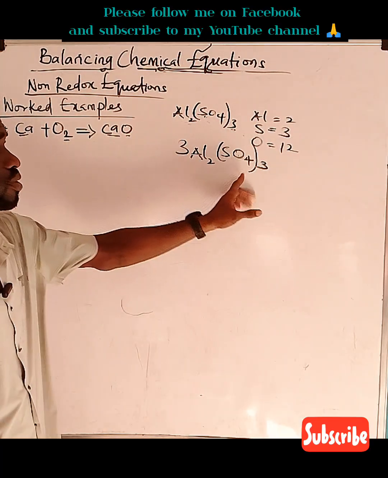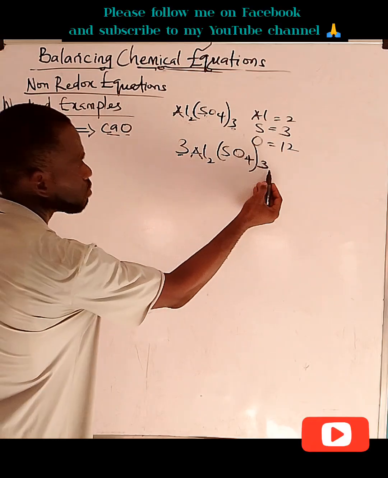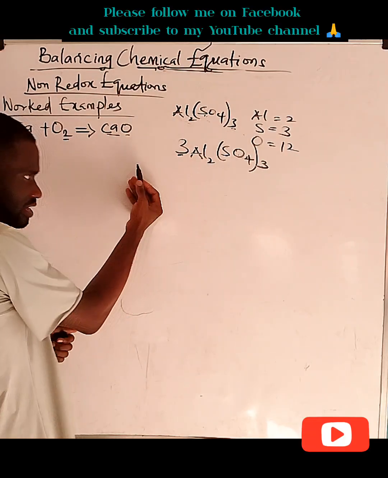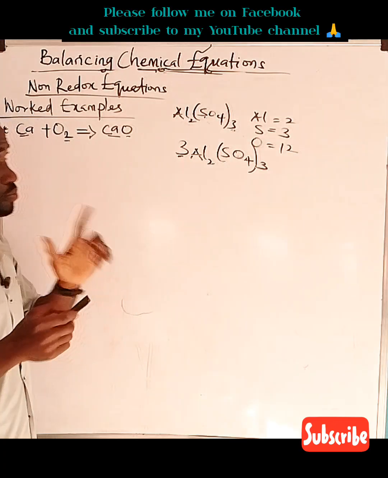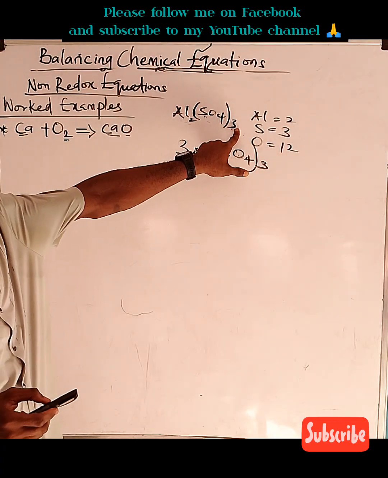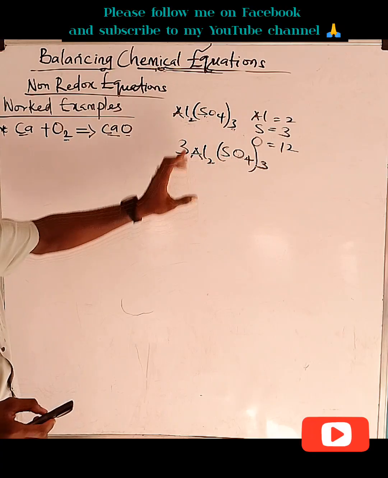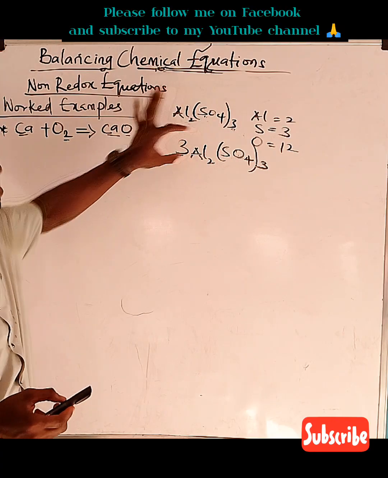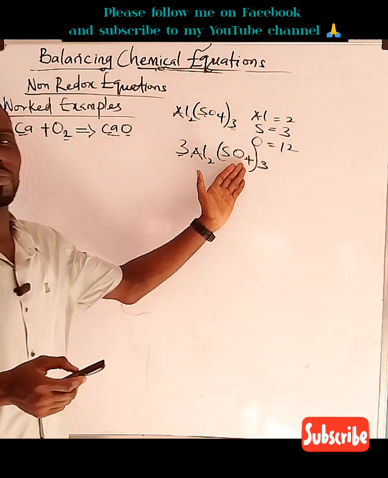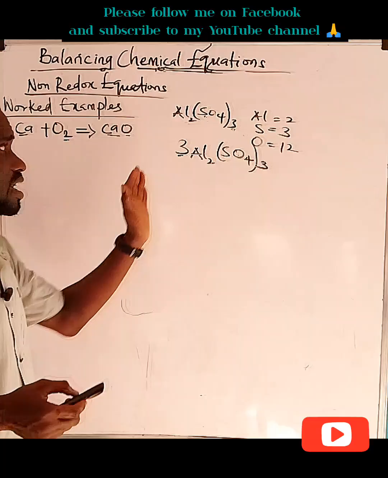So this 3 affects everyone. It affects both the atoms outside the bracket and the atoms in the bracket. Don't forget the rules. The smaller number, the subscript, affects only the ones in the bracket. But the general coefficient out here affects both the ones outside the bracket and the ones in the bracket.